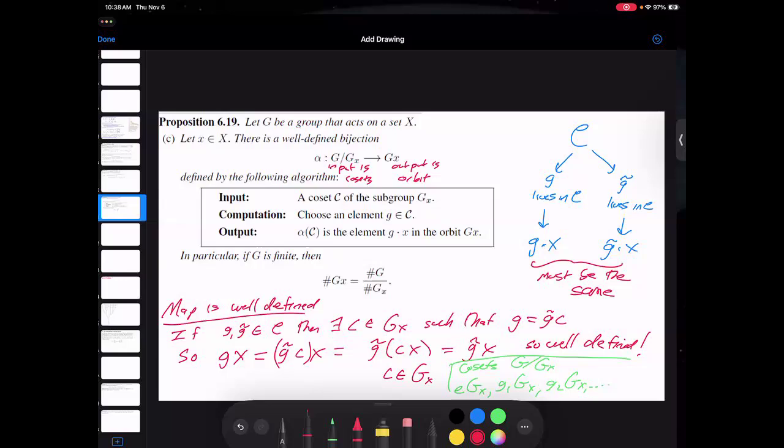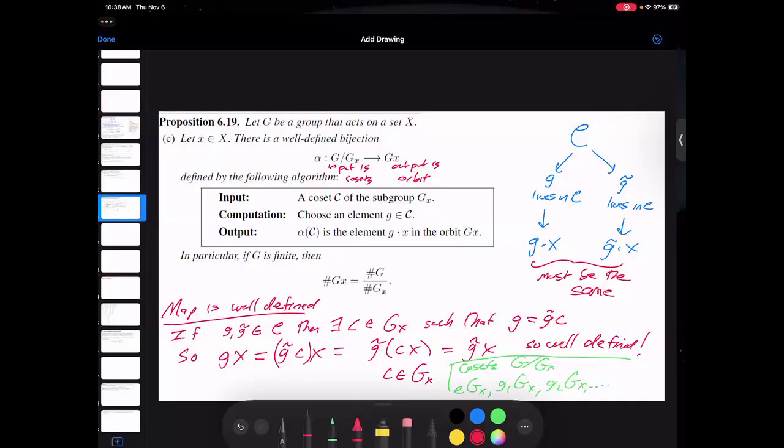You take a coset and its output is something in the orbit of X. It makes sense that it's got to go to something in the orbit of X, because we have G acting on X, and the orbit of X is just where it goes.